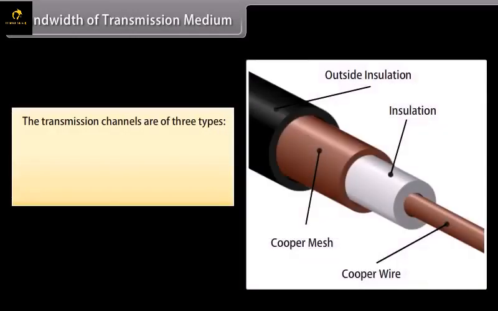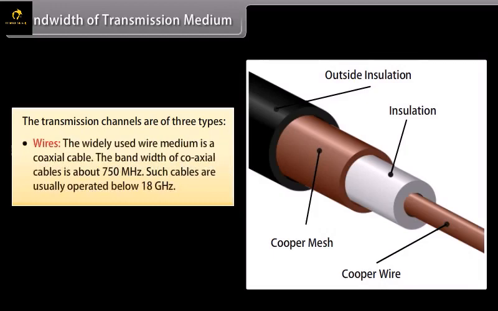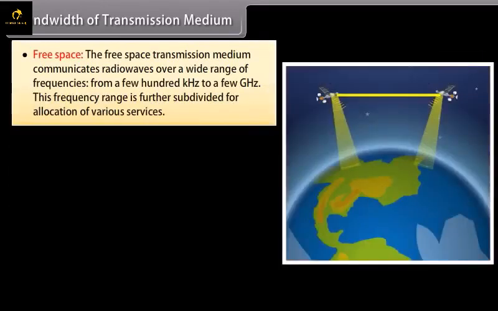Bandwidth of transmission medium. The transmission channels are of three types. Wires. The widely used wire medium is a coaxial cable. The bandwidth of coaxial cables is about 750 MHz. Such cables are usually operated below 18 GHz. Free space.